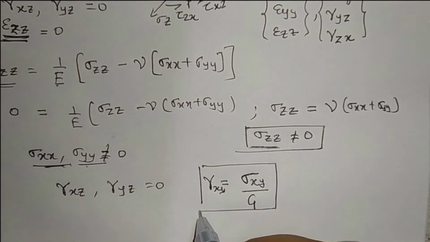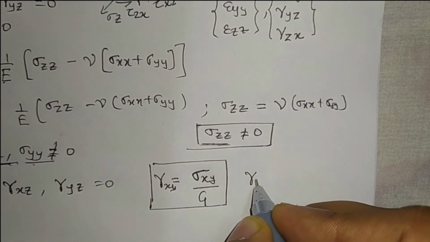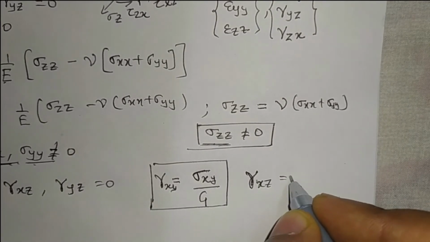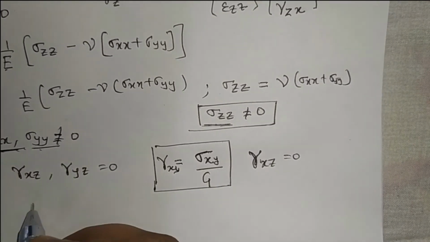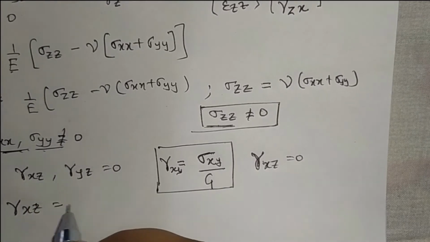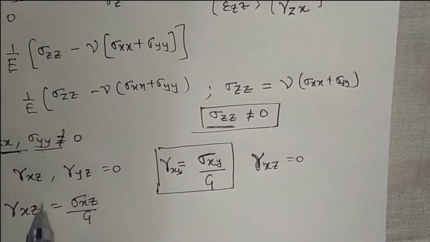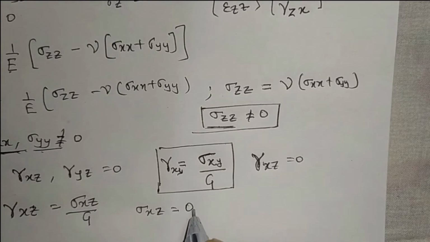We know that formula. Now the shear strain in xz is equal to 0. Using this formula, epsilon xz equals sigma xz divided by G. If this is equal to 0, then sigma xz will also be 0.